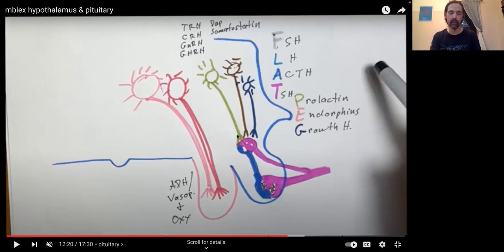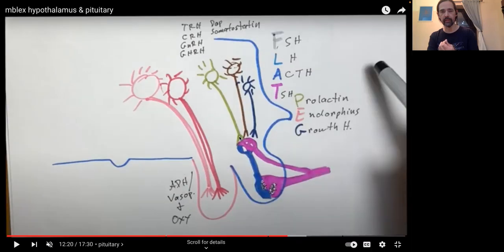The way it's built is the hypothalamus extends axons towards the anterior pituitary, and it secretes neurotransmitters, or sometimes things like dopamine or somatostatin.